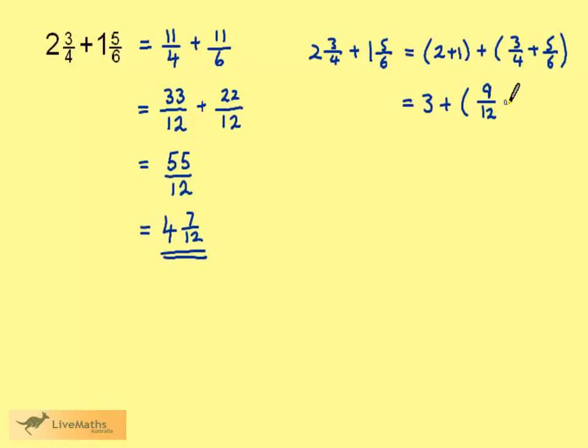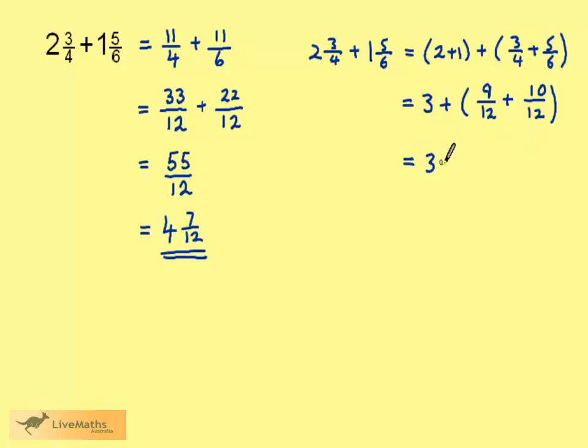Since 4 times 3 is 12, we do 3 times 3 to give us 9. For the 5/6, 6 times 2 is 12, so we do 5 times 2, which is 10.